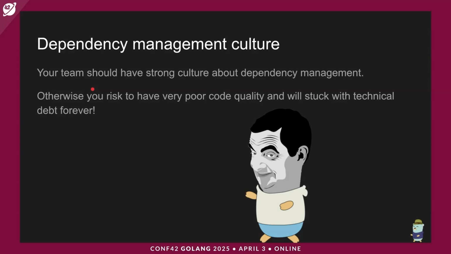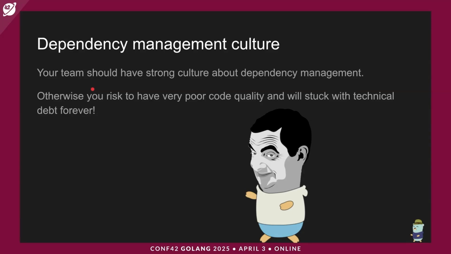We faced them in our code bases a couple of times. Like I mentioned in this slide, you risk having very poor code quality. It doesn't really go that badly, but it leads to a lot of technical debt, which you cannot remove forever. Okay, and let me proceed with my presentation.